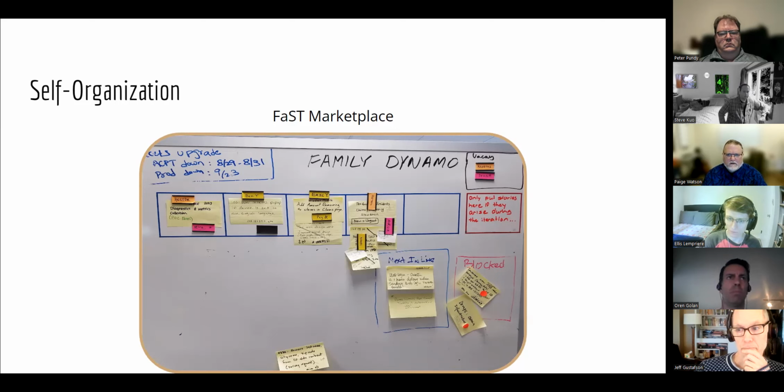Yeah, so this is very old, and I don't have a great answer about what exactly we're looking at here. But this was more the way we laid out our board when I was talking about our open space marketplace. We have across the top our market areas and the way that we self-organized our work.